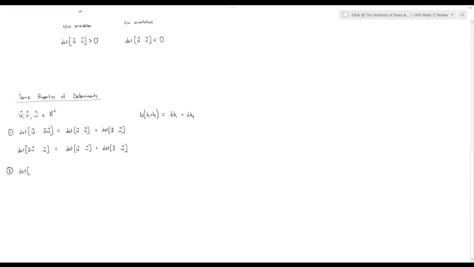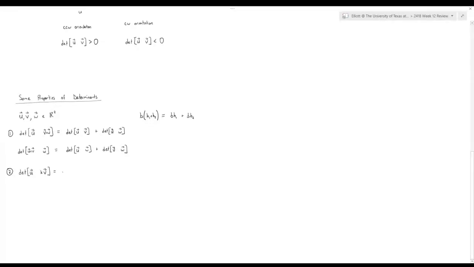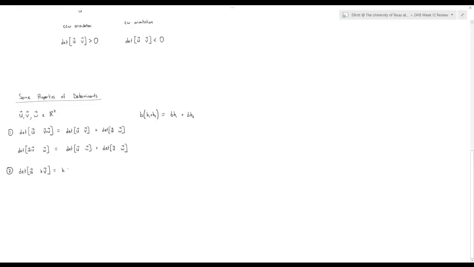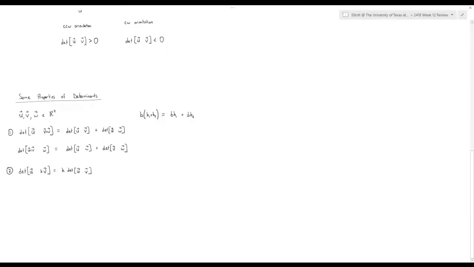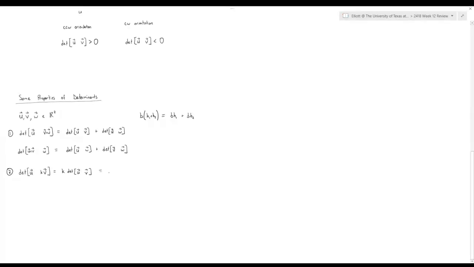There's another property involving scalar multiplication. The first property involves vector addition, and the second property involves scalar multiplication. So if you are scaling one of the columns by some number k, that will scale the overall determinant by k as well. Okay. And that's true whether you're scaling the second column or the first column.